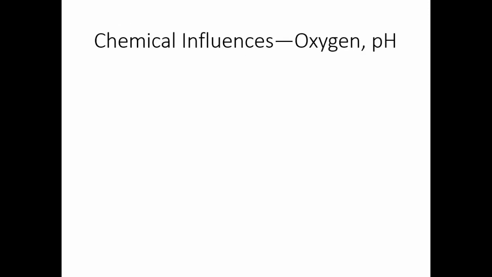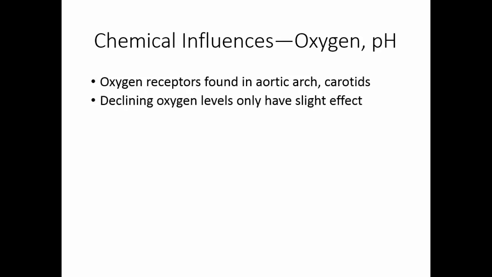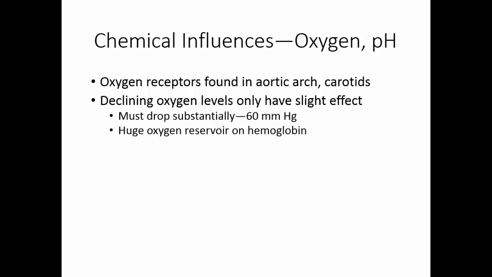The other chemical influences are oxygen and pH. The oxygen receptors are found in the aortic arch and the carotids. Declining oxygen levels only have a very slight effect on respiratory rate because oxygen levels in the blood have to drop substantially. You have to get below 60 millimeters of mercury partial pressure of oxygen in the blood because there's such a huge oxygen reservoir on the hemoglobin.